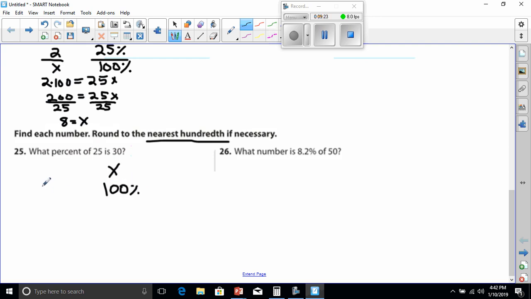Of 25, of is in front of 25, so it will be on the bottom, is 30. Okay. And now we take 30 times 100, and we know that it has to equal 25 times x.